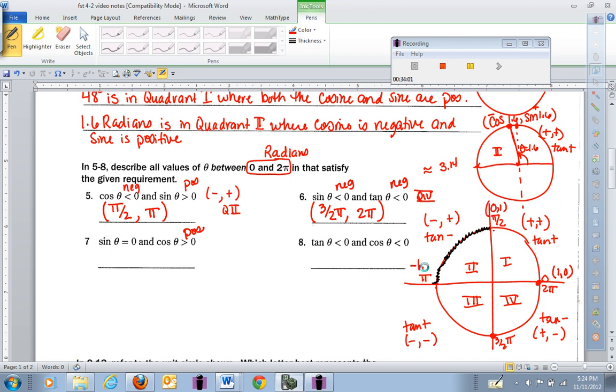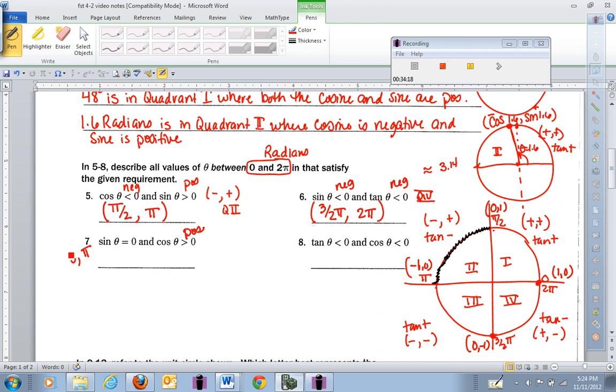Here's negative 1, 0. And here is 0, negative 1. So, sine is equal to 0 at 0 and again at pi, isn't it? At 0 and at pi.